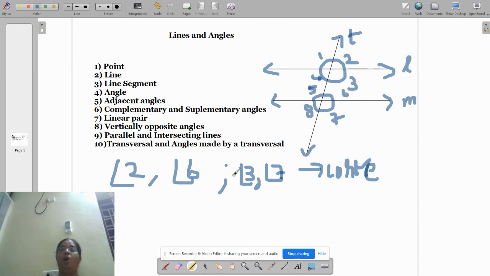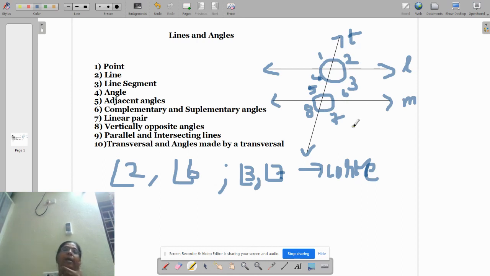Next is alternate angles. What are alternate angles? See, angles made on either side of a transversal. Here in alternate angles, you will have alternate interior angles and alternate exterior angles. Before, you already learned what are interior angles and what are exterior angles.